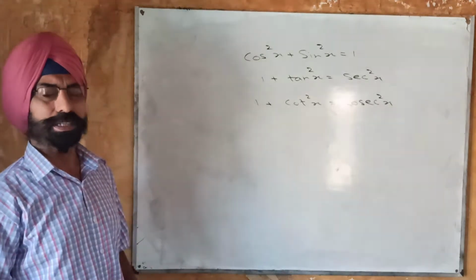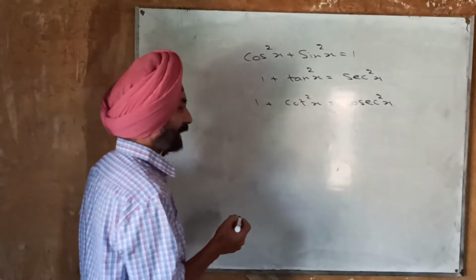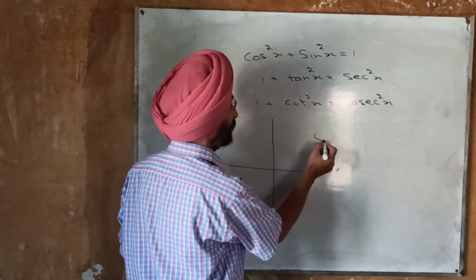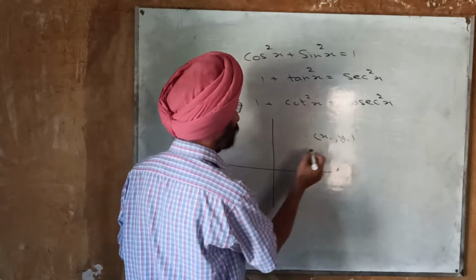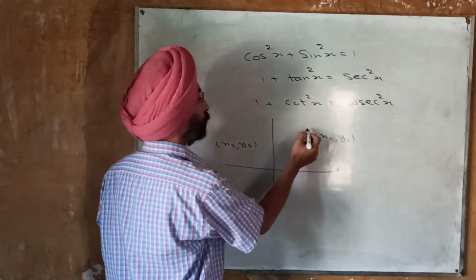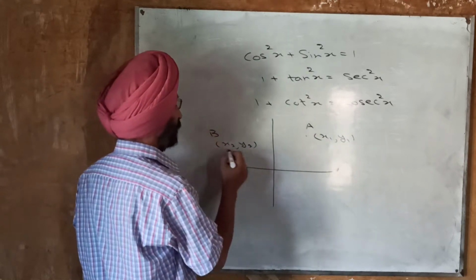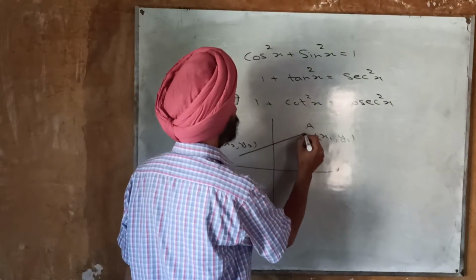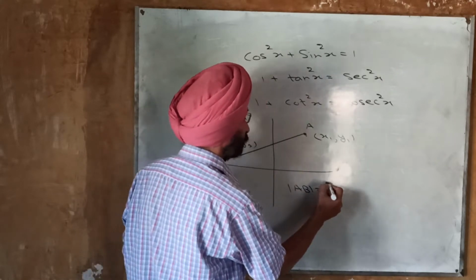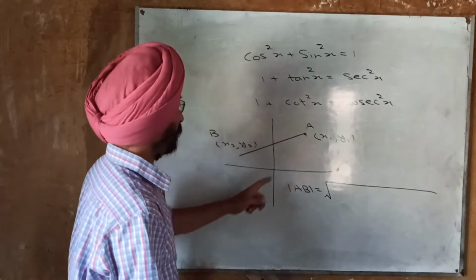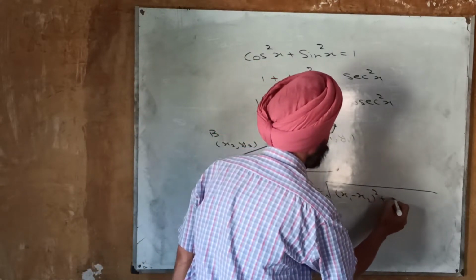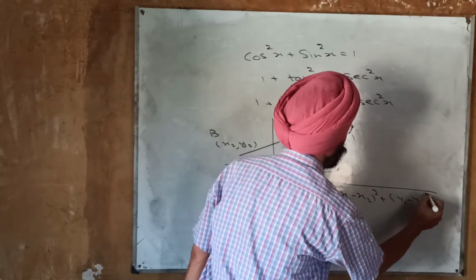in making further properties. One more thing which I want to discuss: in coordinate geometry, if there are 2 points, one with coordinates x1 and y1, and another with coordinates x2 and y2, suppose this is the point A and this is the point B, then the distance between these 2 points, that is mod AB, is equal to the square root of (x1 minus x2) whole square plus (y1 minus y2) whole square.